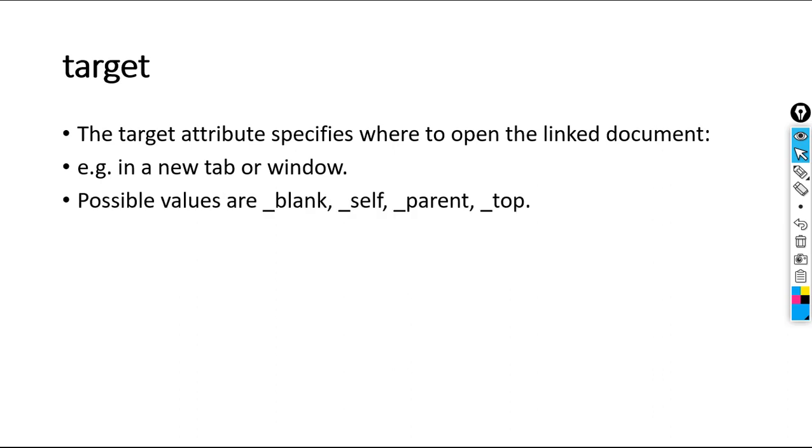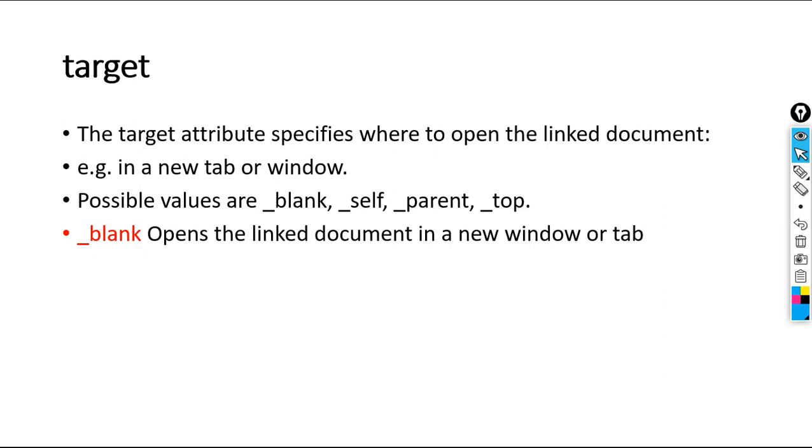Possible values are blank, self, parent, and top. The default value of the target attribute is self. Self means it will open the linked website or linked document in the current tab only. Okay, what is the meaning of underscore blank?